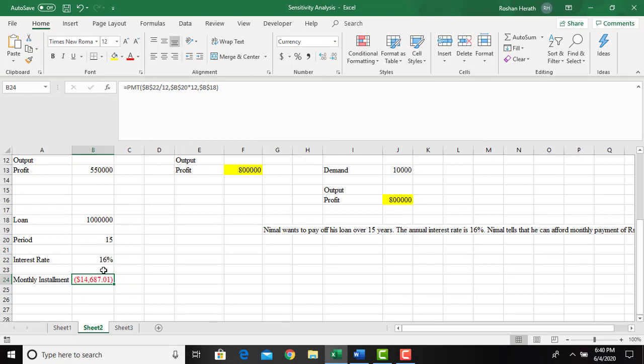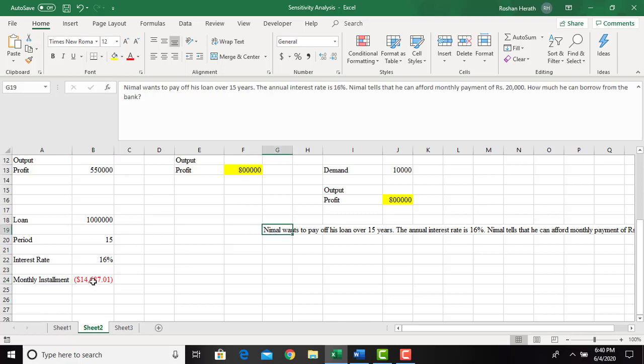So in this particular case, in order to acquire 1 million, you have to pay a monthly installment of 14,687.01. But this is just the information that you had constructed, but this is not the desired result.